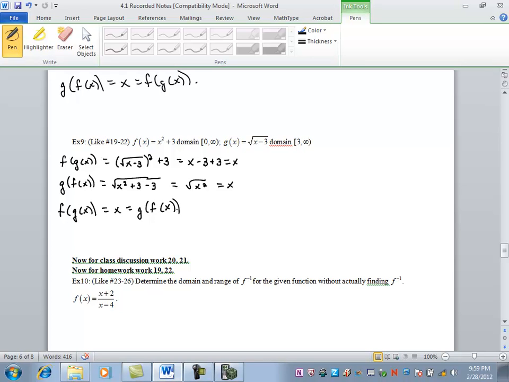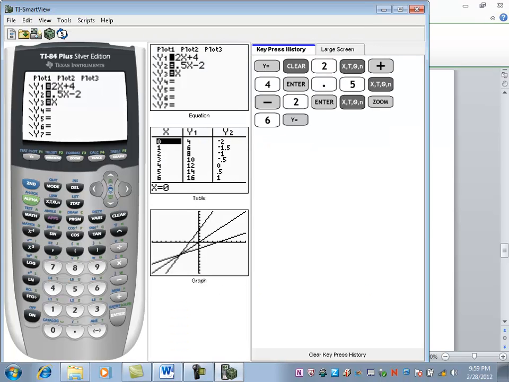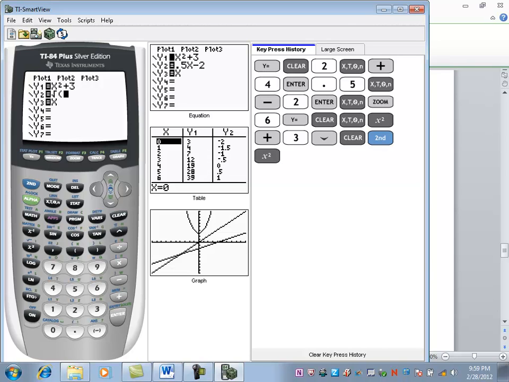And again, if we want to graph these, we can pop open our calculator here, and we can go to y equals, let's see here, x squared plus 3, and then on y2 we can look at the square root of x minus 3.